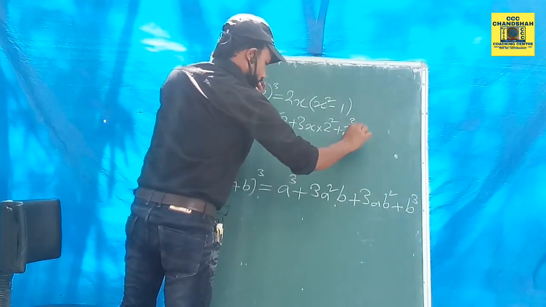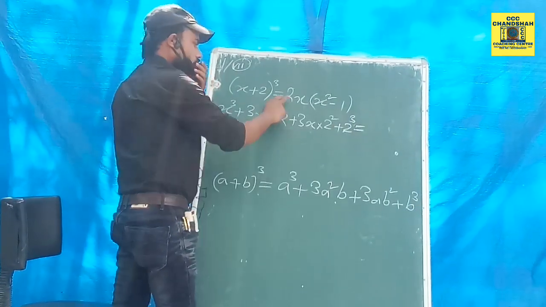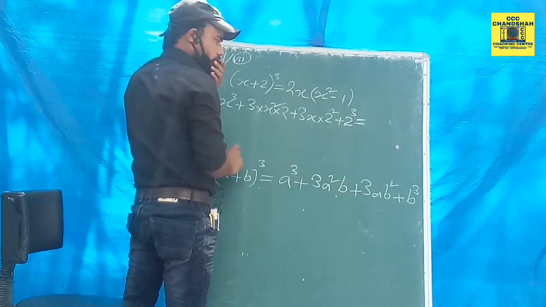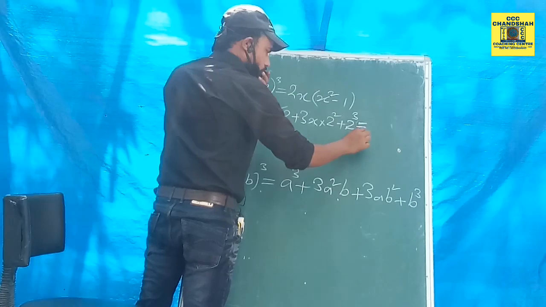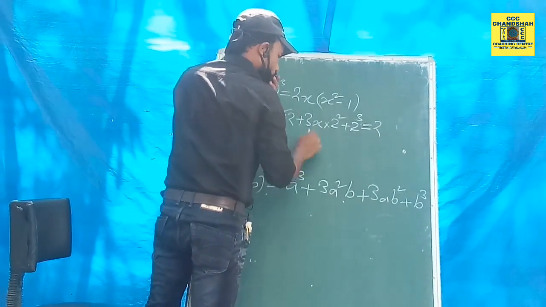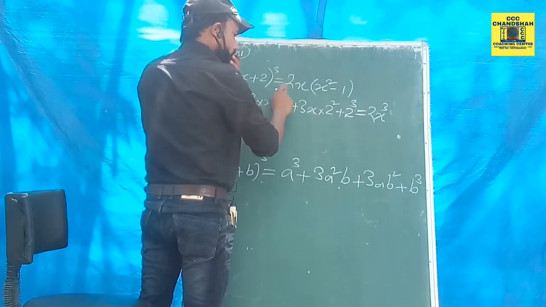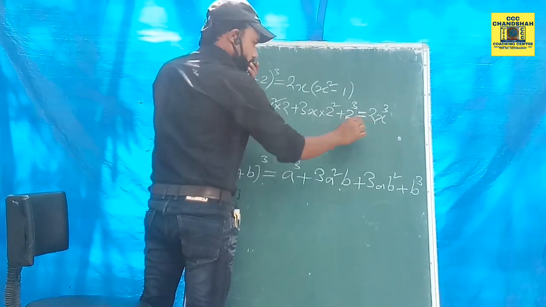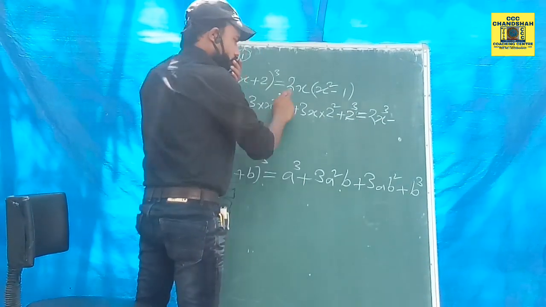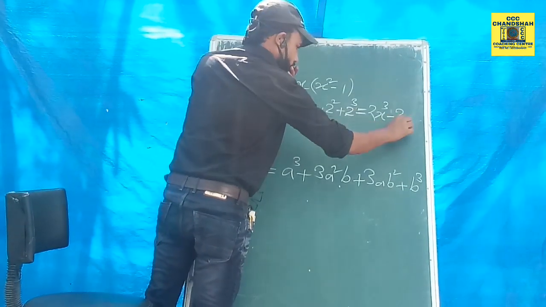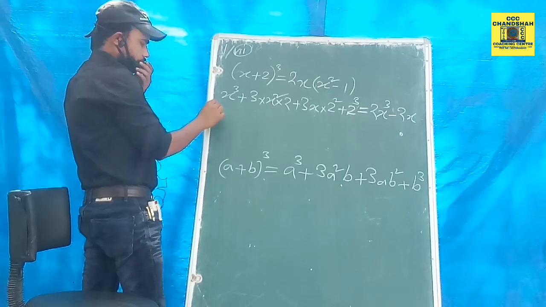Again, is equal to twice x multiplied with (x square minus 1). So 2 into 1, 2 x square is x cube, again plus and minus, 2 1 2 x is there. Okay.